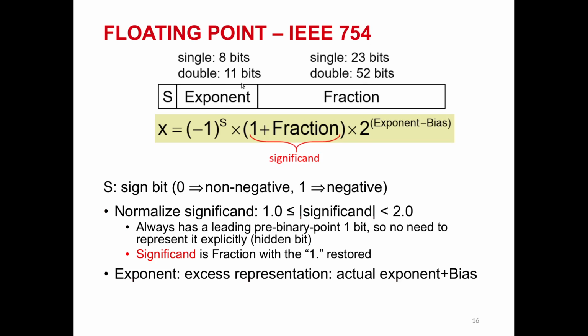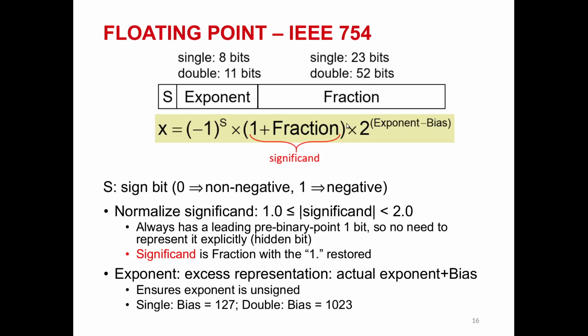For double precision, the number of bits for exponent will be 11, and the number of bits for fraction will be 52. And the bias for the single precision will be 127. And the bias for the exponent of the double precision will be 1023.